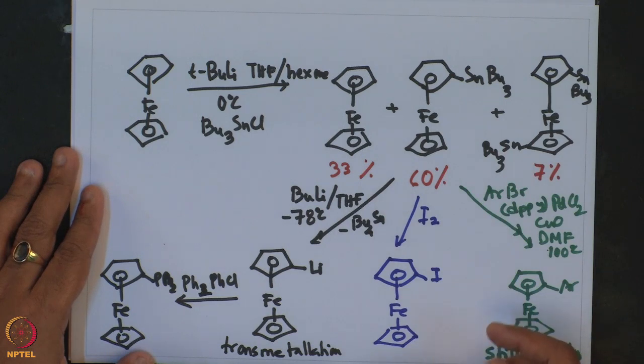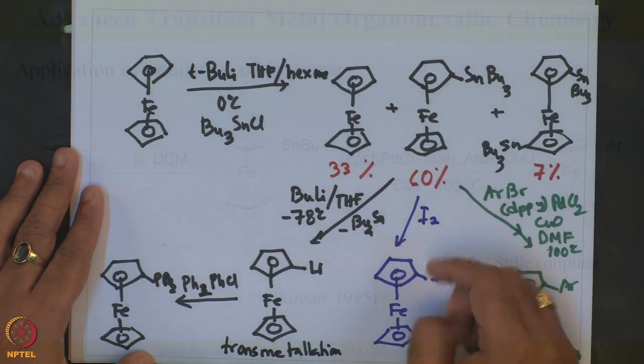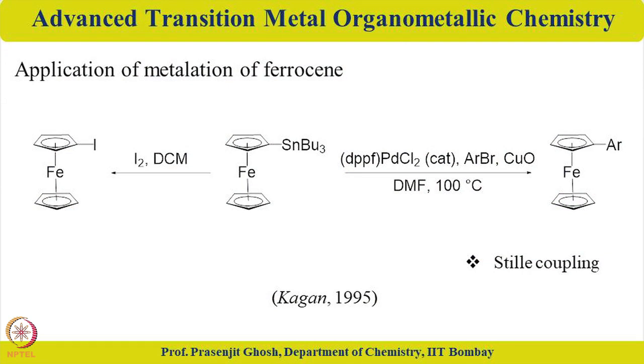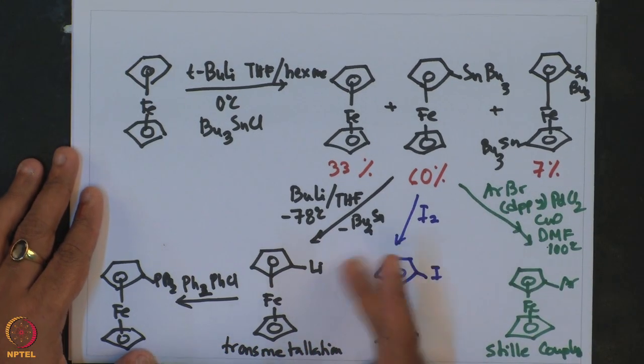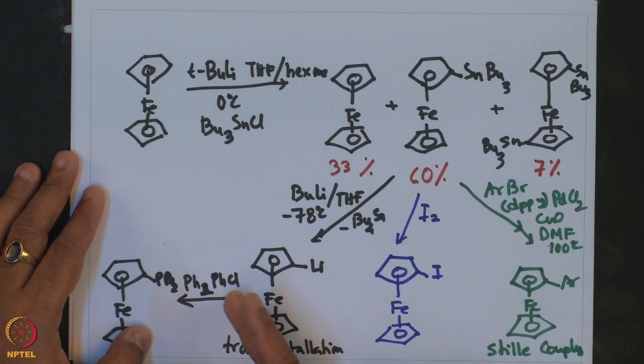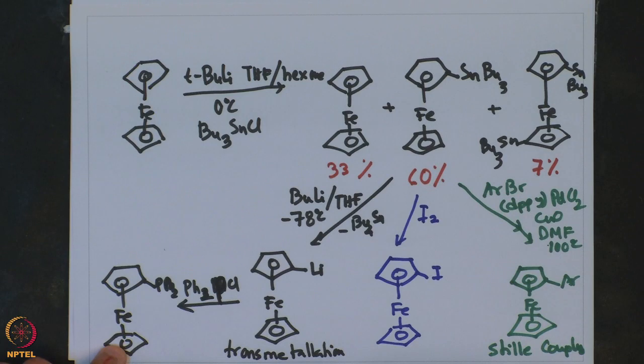However, that problem is circumvented by treating this with tributyl tin chloride as an electrophile and then preparing mono substituted tributyl tin ferrocenyl compound in major amount, and then subsequent treatment of this mono tributyl ferrocenyl compound with aryl bromide in presence of palladium, doing a regular Stille coupling resulting in the aryl substitution of the same, treating that with normal iodine as an electrophile will give the iodide compound, as well as treating this tributyl stannyl ferrocenyl compound with butyl lithium exclusively gives the monolithiated product, which when treated with Ph2PCl, this is Ph2PCl, gave the diphenyl phosphine derivative of the ferrocenyl compound.